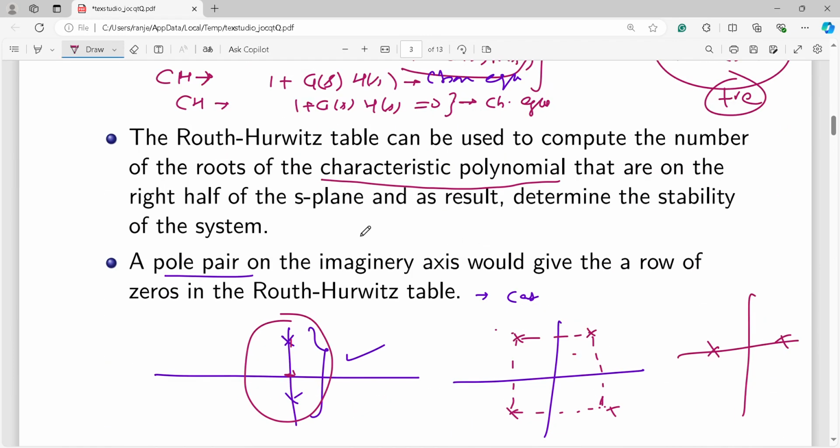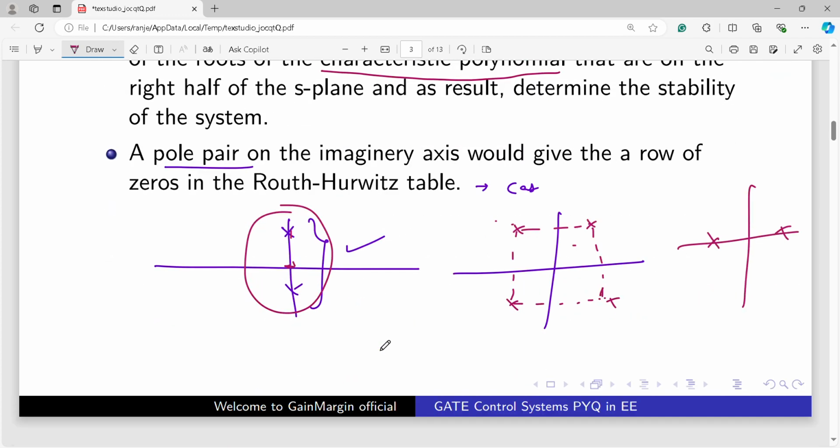But this is a special case, when a row of zeros exists in the Routh-Hurwitz table. There are three possibilities. Either poles exist on the j omega axis only, with symmetry involved with respect to the origin.